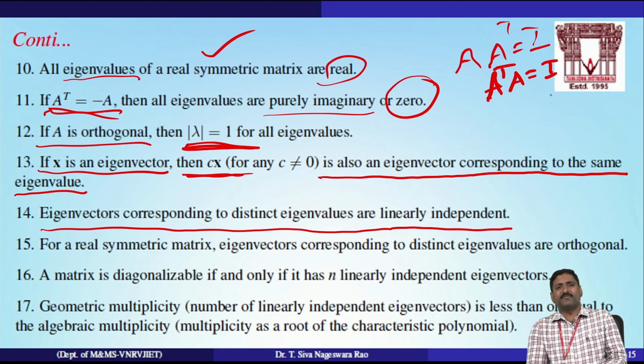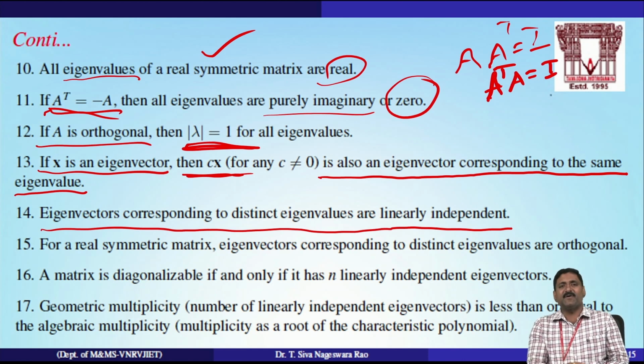The columns of the resultant matrix are eigenvectors corresponding to distinct eigenvalues. Find the determinant of that matrix. Definitely you will get a value not equal to 0. If it is equal to 0, then we say the eigenvectors are dependent.